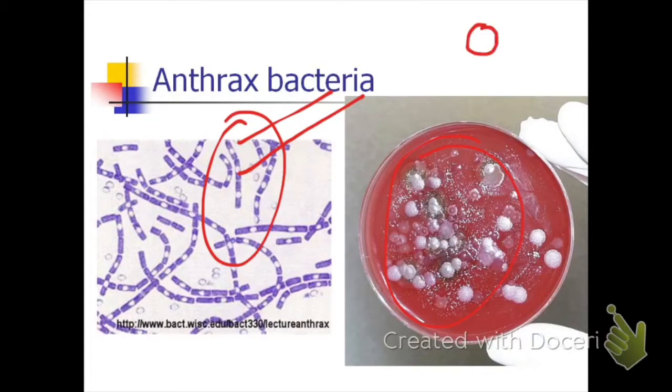There are structures in the colony that make it look like a medusa head. Unlike your E. coli and S. aureus, the colonies are actually bigger, and mucoid because they are made up of capsules.